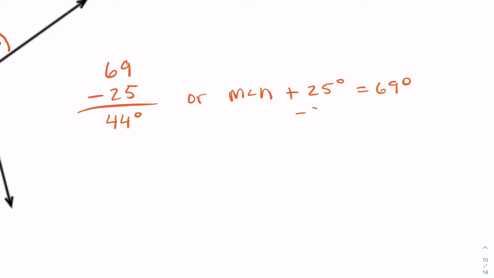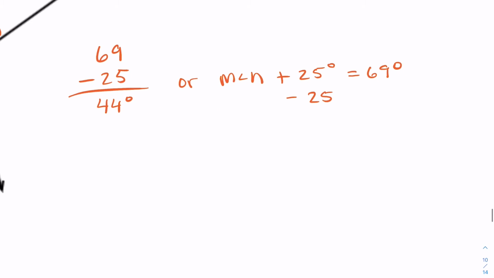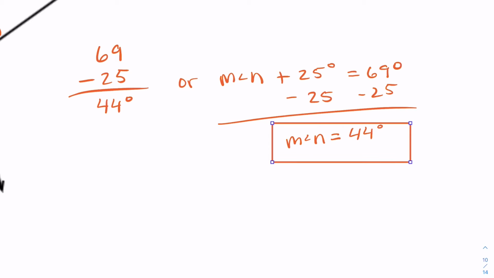And I could have taken away 25, and that would have given me the same thing, because I would have said that these two angles added together are equal to the vertical angle across from it, which is the same logic here. So the measure of angle n is equal to 44 degrees, and that would have ended that problem.